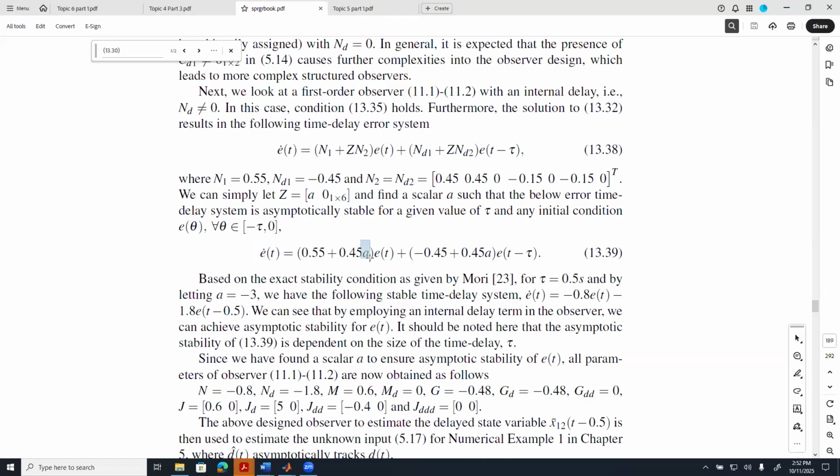Can we find a value for A with a given tau to ensure stability of this error time delay system? The answer is yes, it can be done. And it can be done based on the exact stability condition given in this reference.